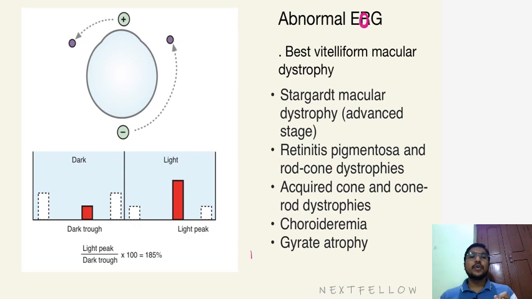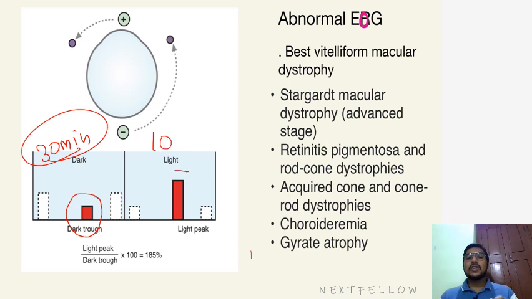What we actually do is, after keeping the patient in the dark for 30 minutes, we measure the standing potential, which gives the dark trough, and then we keep the patient in light for 10 to 15 minutes, and then we measure the light peak.